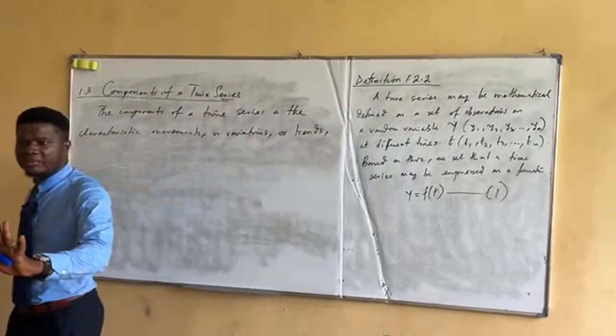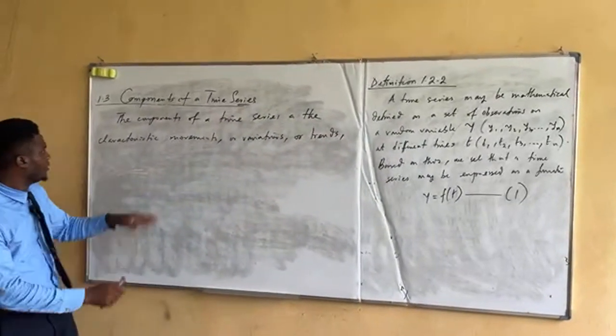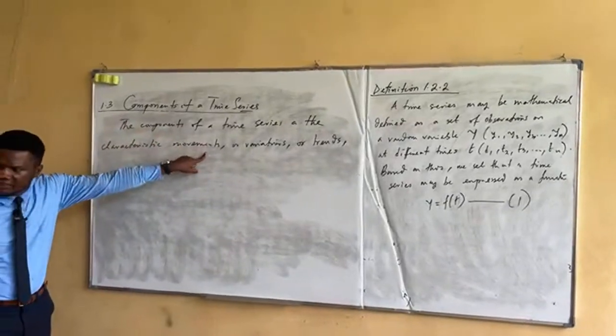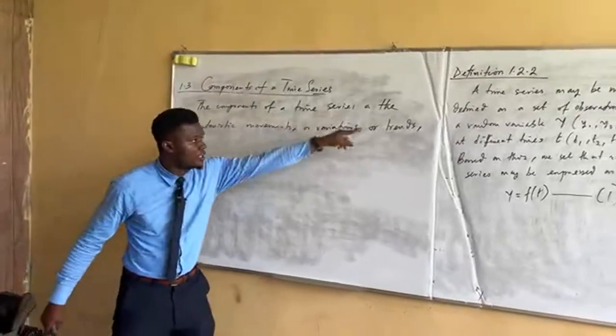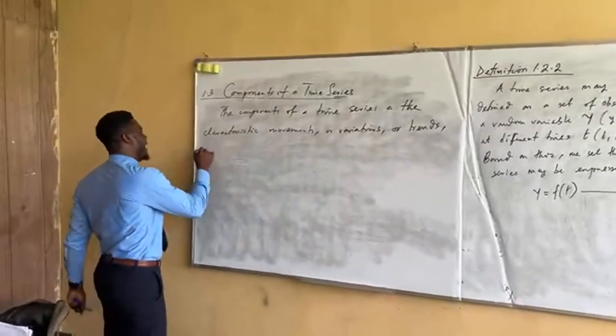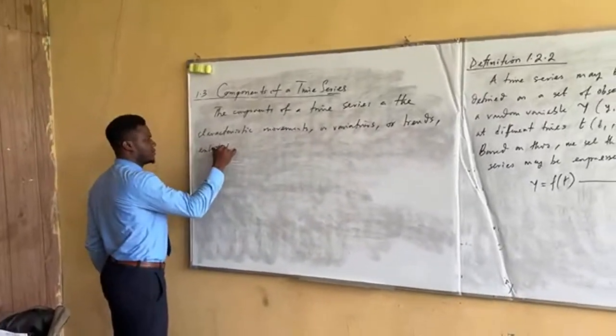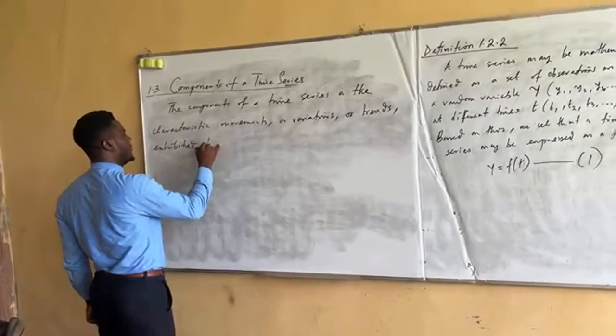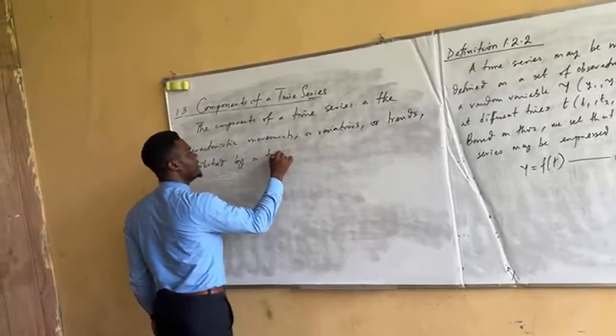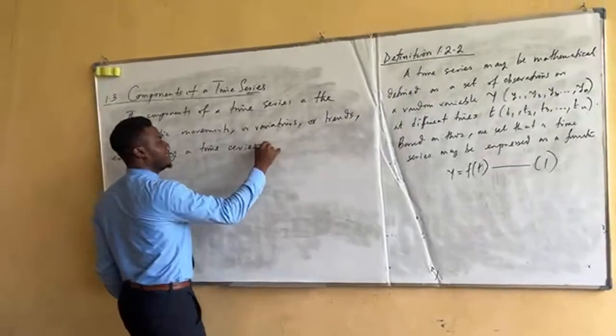How many names did I call them? Three. They are the characteristic movements, characteristic variations, or characteristic trends exhibited by a time series data.